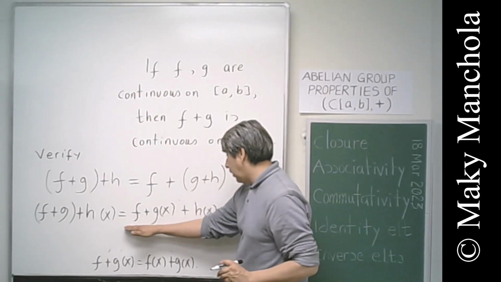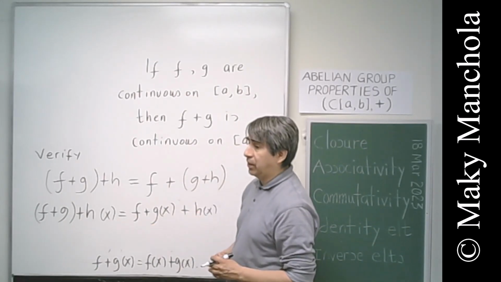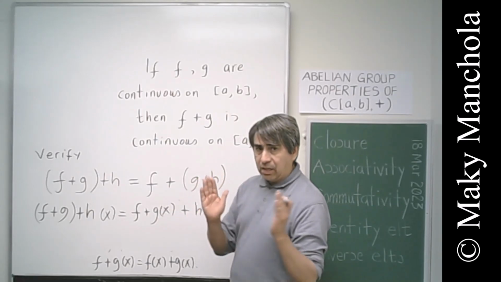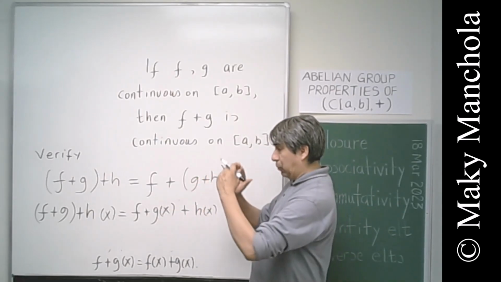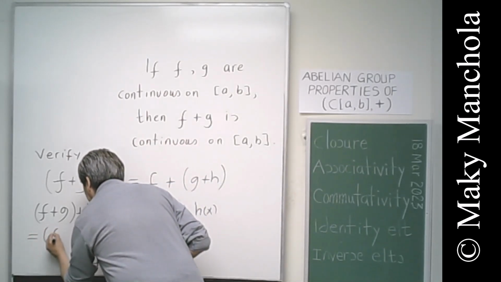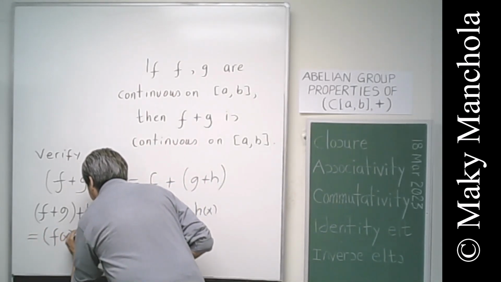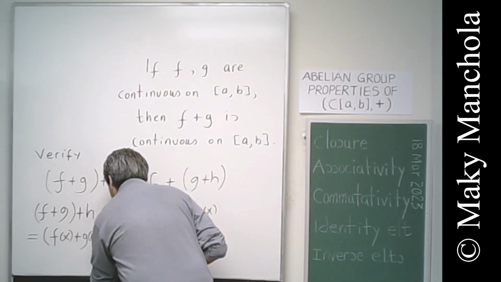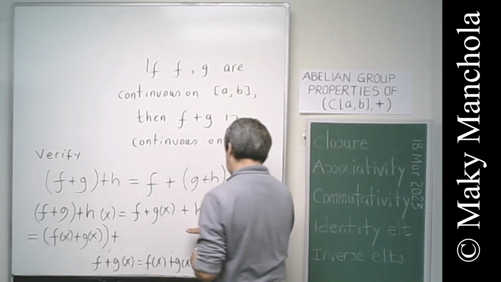But now, what is f plus g evaluated at x? It is f of x plus g of x. Now, that is a single entity, so we're going to parenthesize that result. So we get f of x plus g of x, plus h of x.